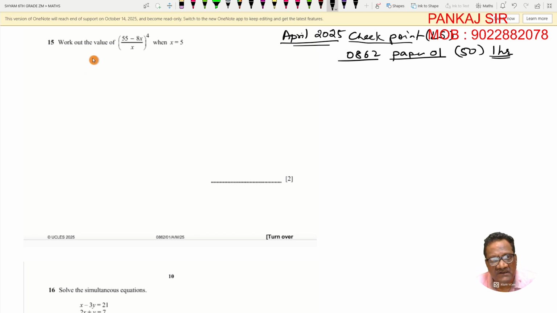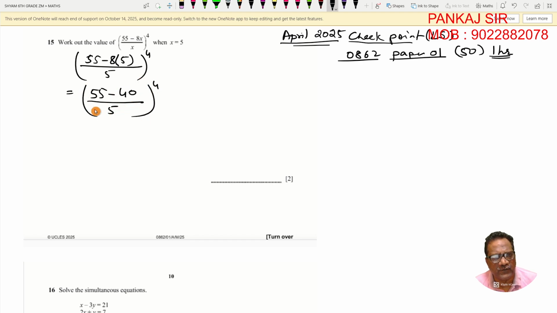So it will be 55 minus 8, now the x value you have to plug in as 5. So 8 times 5 divided by 5 whole raised to 4. This works out to 55 minus 8 into 5, which is 40, divided by 5 whole raised to 4.